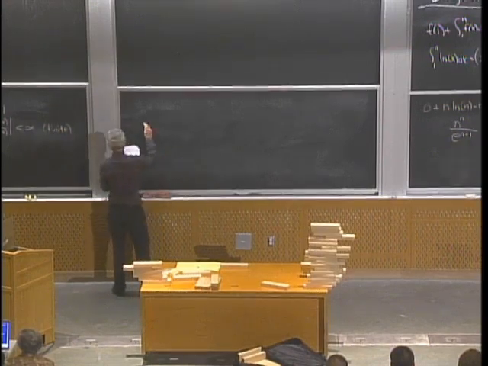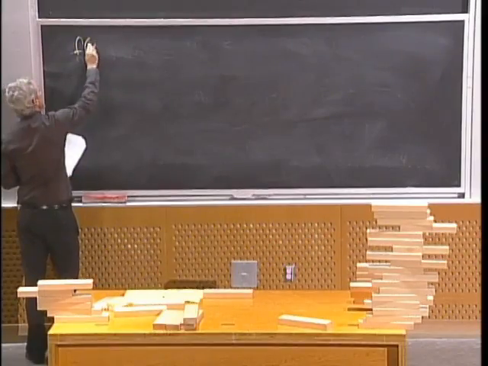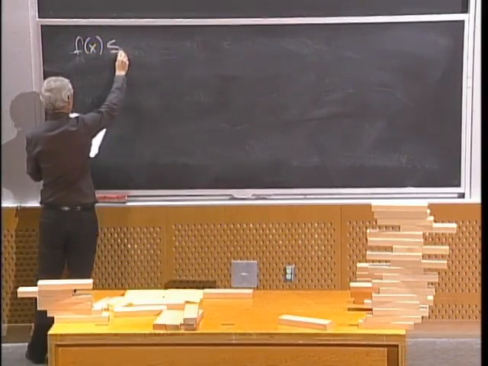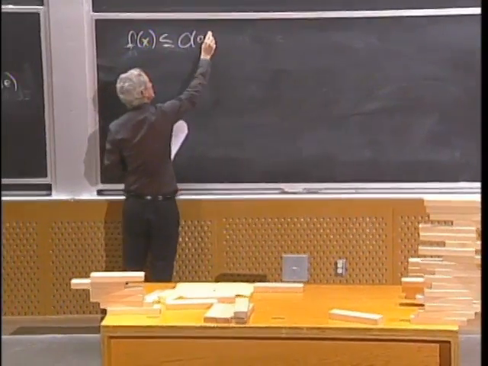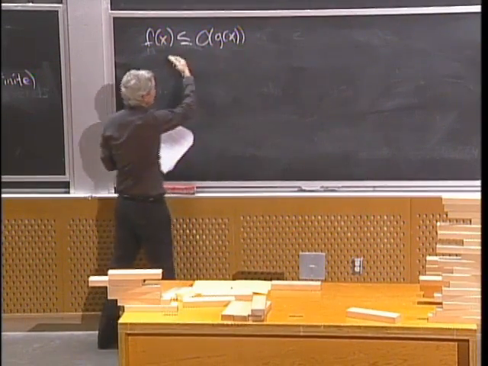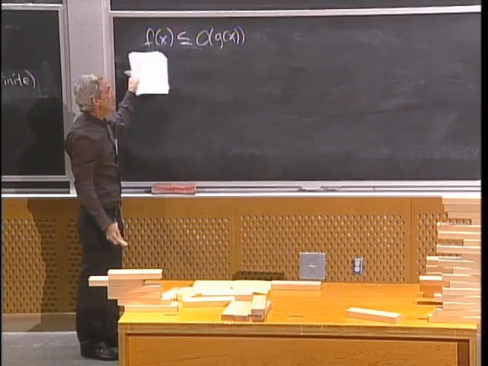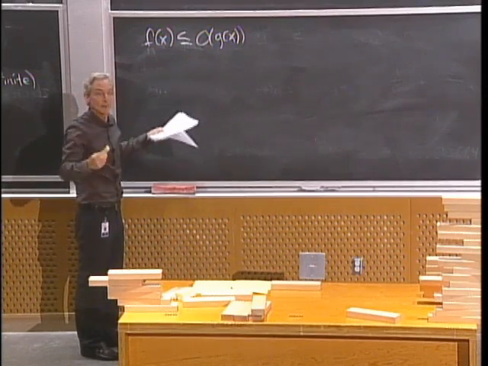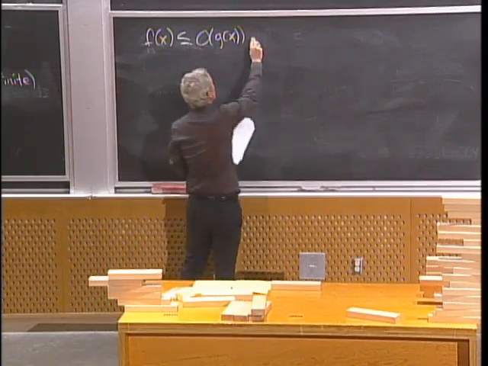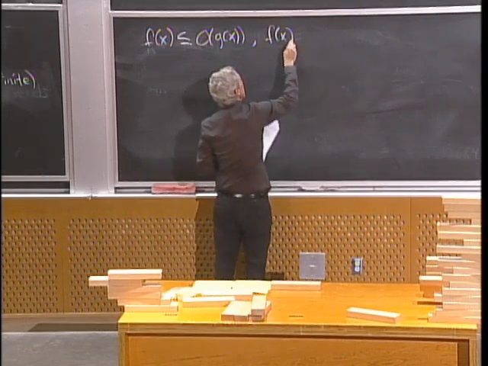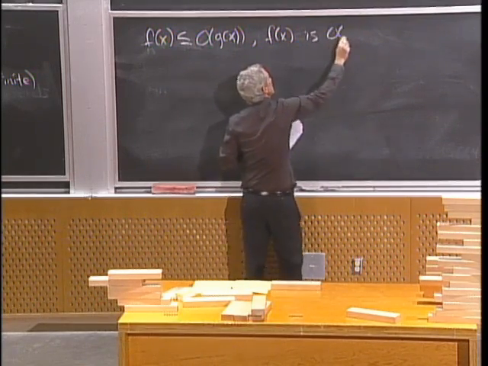For example, you'll see people write f of x is less than or equal to O of g of x, because the natural interpretation is f is not growing faster than g, sort of upper bounded by g. You'll see people write f of x is O of g of x.